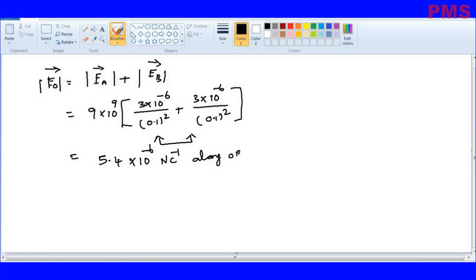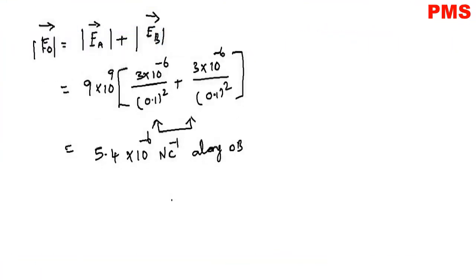The force is directed along OP. So the electric field is 5.4 into 10 power 6 Newton per coulomb.